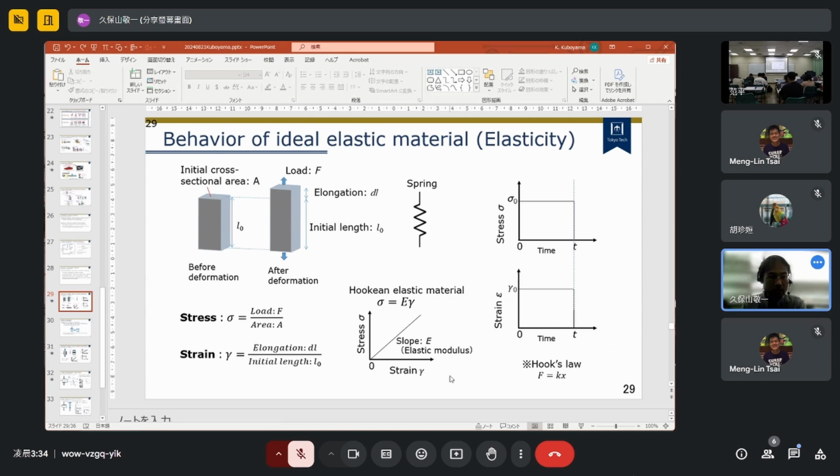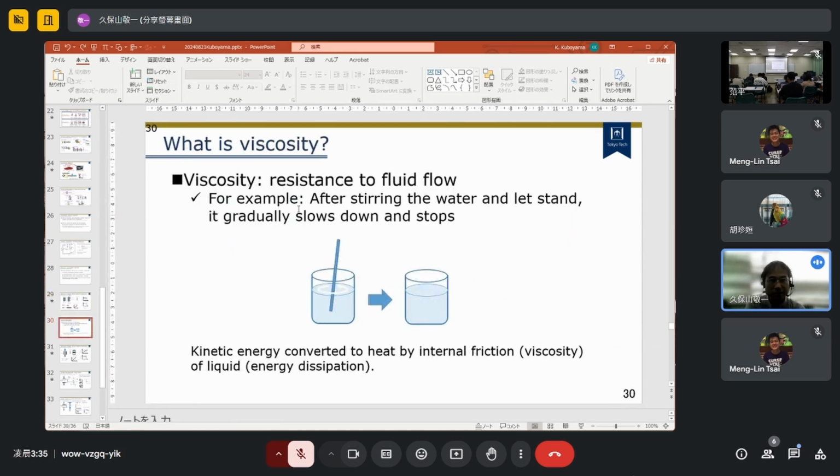Okay, so next let's think about viscosity. Viscosity is resistance to fluid flow. For example, when you stir water and let it stand, the flow gradually slows down and stops.